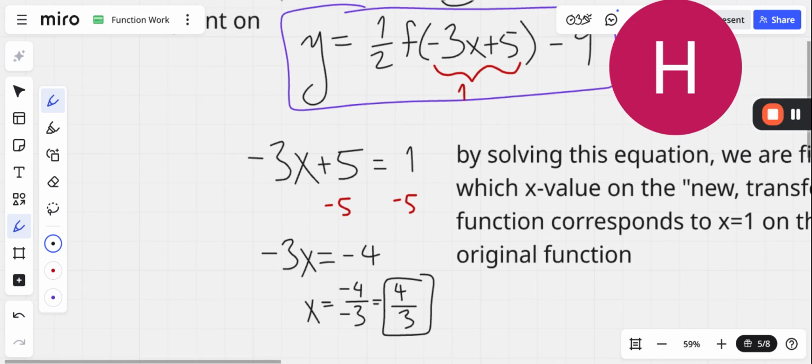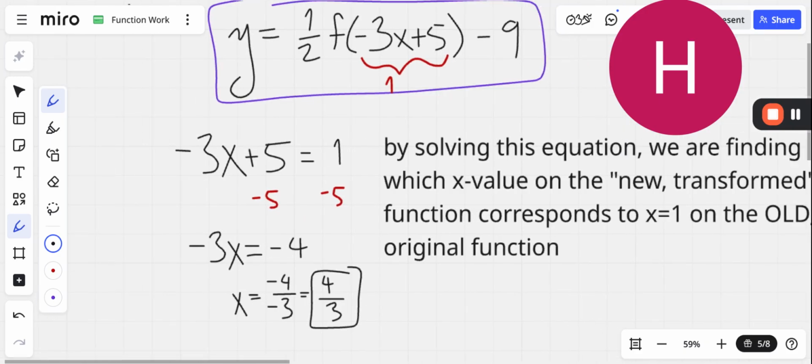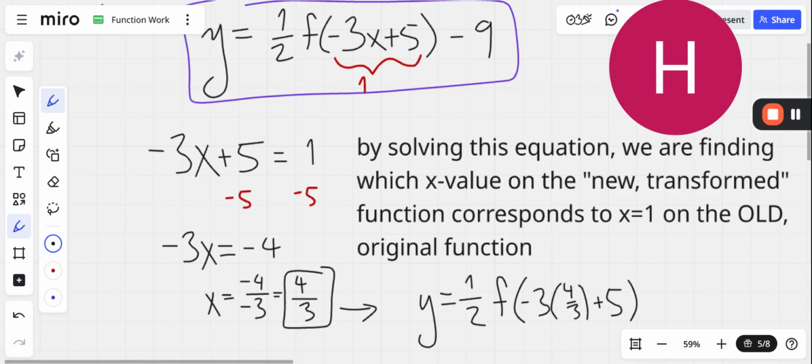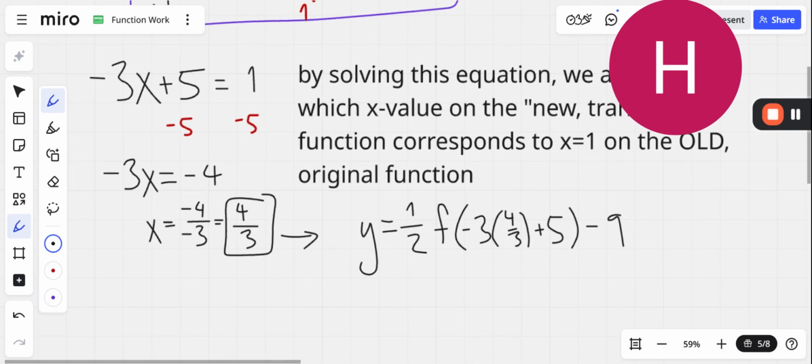Okay, now if we use this function value, what do we get for the y? The y would turn into f of negative 3 times, let's put in the 4/3 just to show that it's going to work out nicely, plus 5 minus 9. And you'll see that this turns into, as we designed it this way, we solved what would make this perfectly turn into a 1.